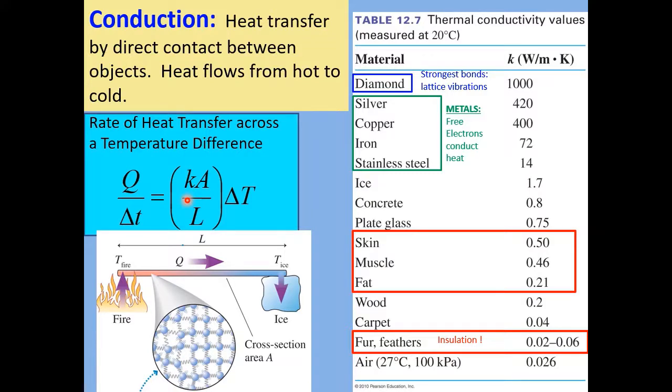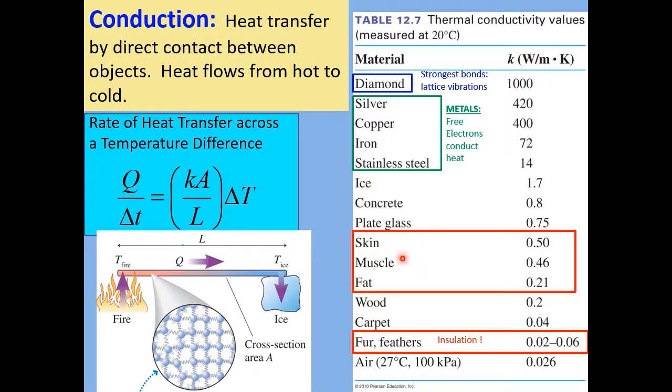So we usually look those up in a table like this. Metals typically have very high thermal conductivities, and we're not going to get into the reasons for that, but it has to do with the free electrons that can move around inside the metal, and they can conduct heat.